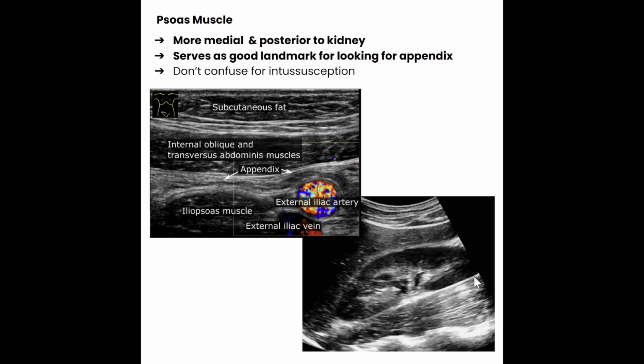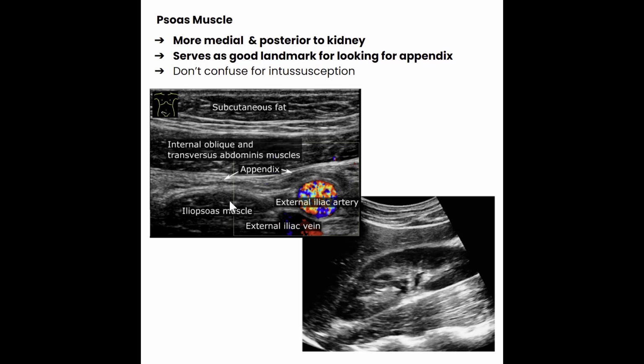Now if we turn transverse on the psoas muscle and start sweeping down the psoas muscle towards the patient's hip, where it's going to connect into the femur, we'll get a picture more like this. And as we are coming down the abdomen towards the hip, the iliopsoas muscle or the psoas muscle ends up being this rounded hypoechoic structure with shorter fibers running through it.